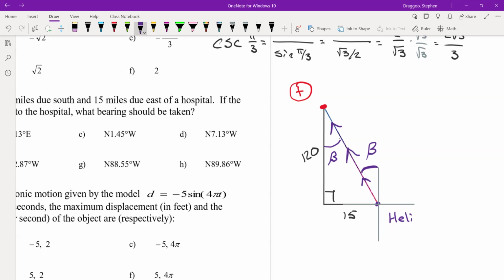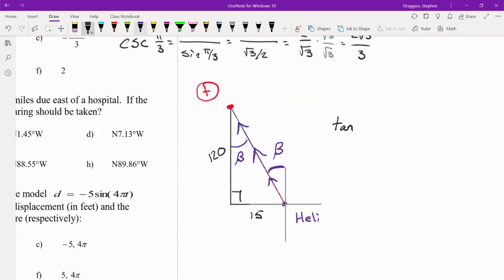Or I could use the fact that if I'm looking at bearings to or from the same two places, the value of the bearing angle will be the same, whether I'm going to or from. They both have the same bearing angle, but the cardinal directions will be different. So the bearing that I labeled next to the hospital, going back to the helicopter, is southeast, whatever that angle is. And I just want the one that's northwest. But the process for calculating it is the same.